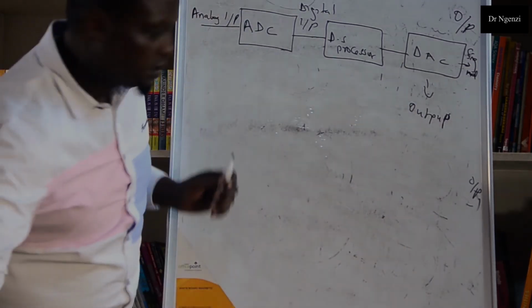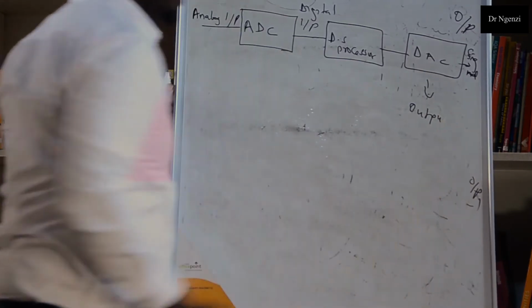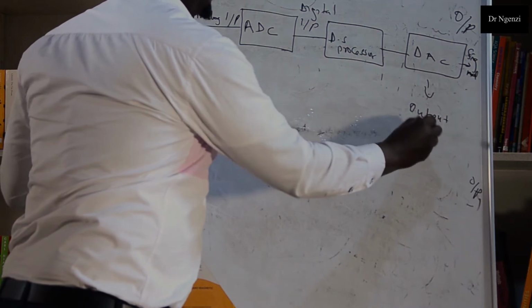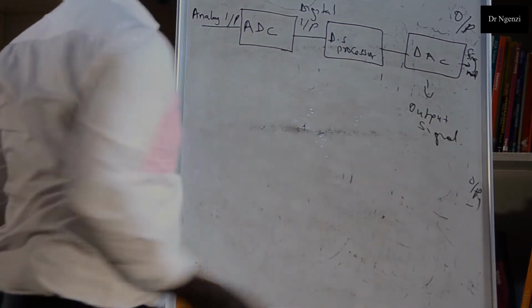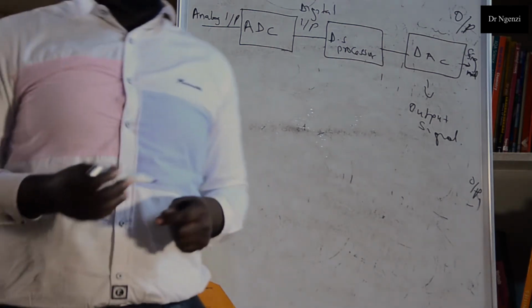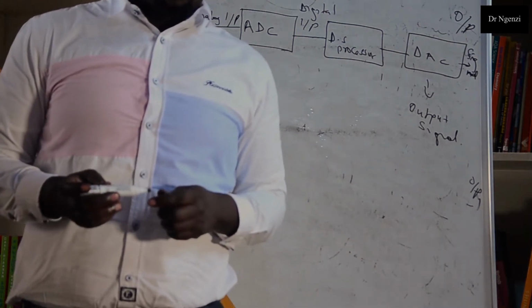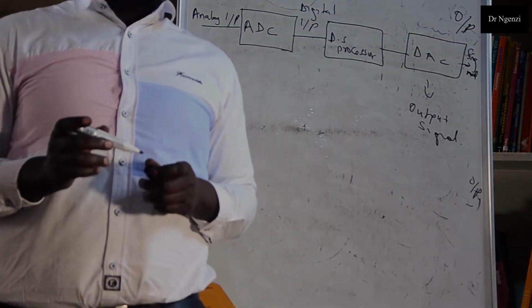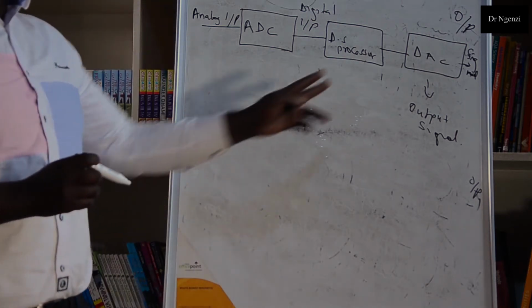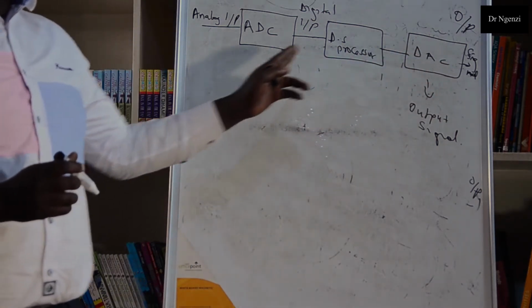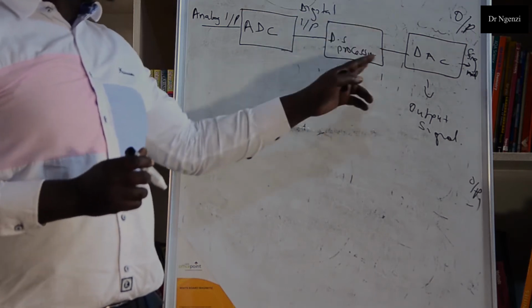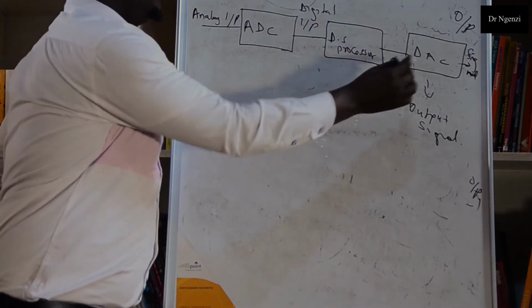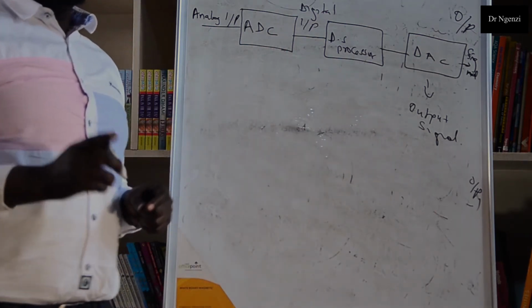And the output signal here will be digital, because it has been converted from, no, it will still be analog, because you have changed the digital processor here. Then it is going to change from there, then it will be analog, pure analog output. But this is not what we want.